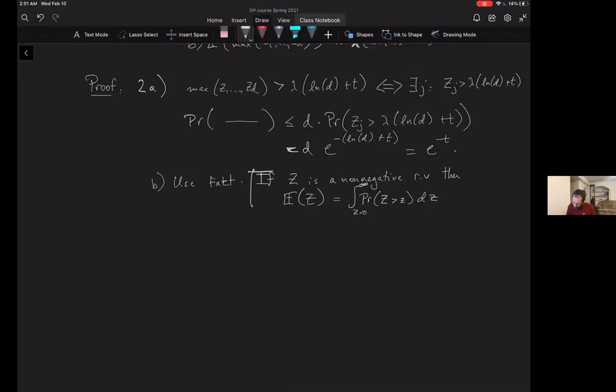Okay, so this is a nice fact from probability. You can prove it, it's easier to see why it's true for discrete random variables with sums, but it's a general fact. And as I've written it, it's true for both discrete and continuous random variables.